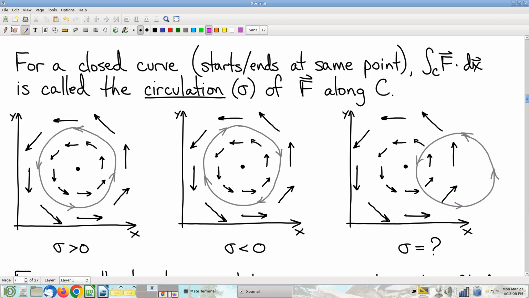If you look at the direction the fluid is going, at this point here, for example, the fluid is going that direction, which, if anything, is clockwise circulation on that curve. But if you look over here on the other side, and the field vectors are longer over there, it's counterclockwise along that same curve.